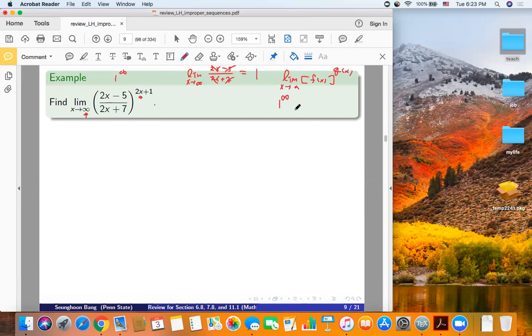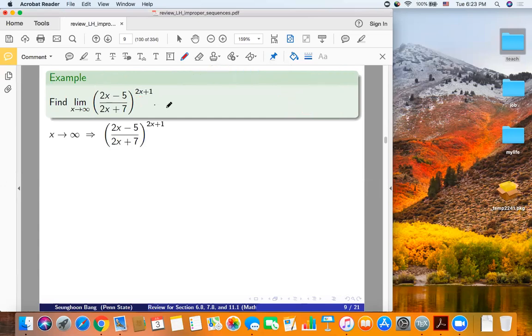Do you know 2 more? Yeah, 0 to 0. Okay, 1 more. Yes, infinity to 0. We have only 3 indeterminate forms of the power form. So here, this one is the 1 to infinity indeterminate form.